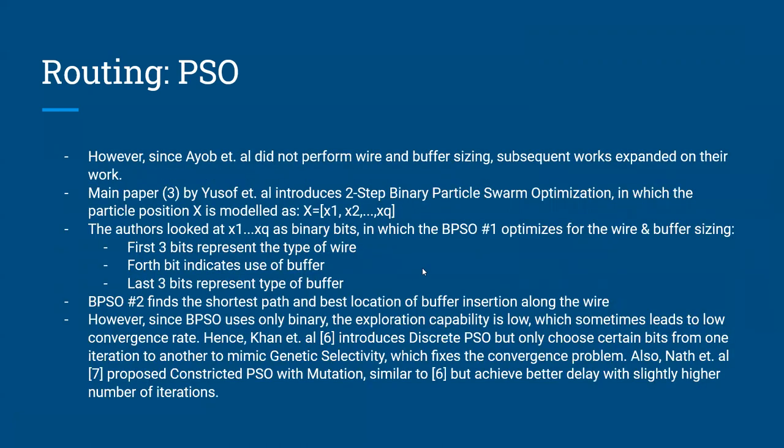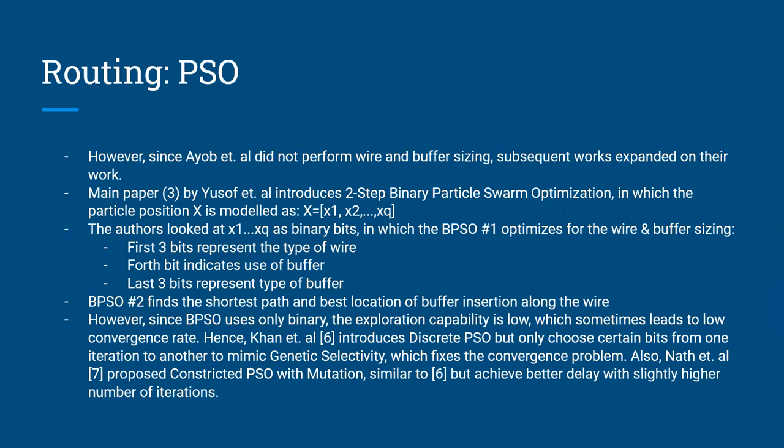However, Anyop et al. did not perform wire and buffer sizing, and many subsequent works expanded on their work. Main paper 3, for example, by Yusuf et al., introduces a two-step binary particle swarm optimization in which the particle position x is modeled as a binary sequence, x1, x2 to xq.